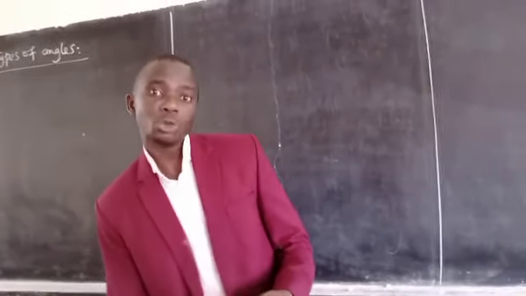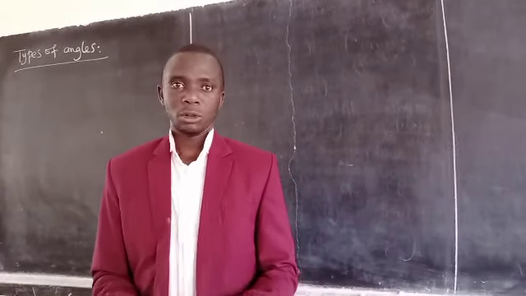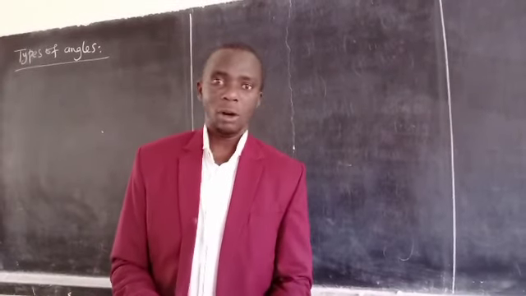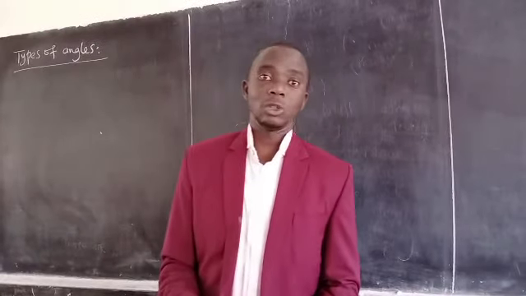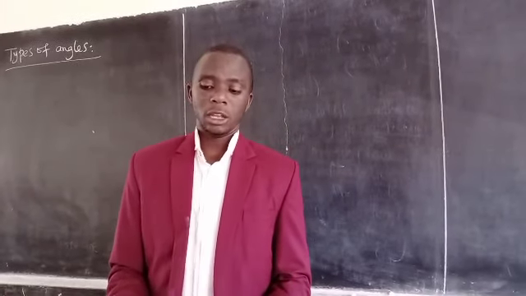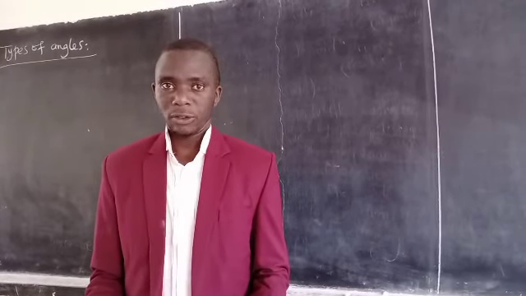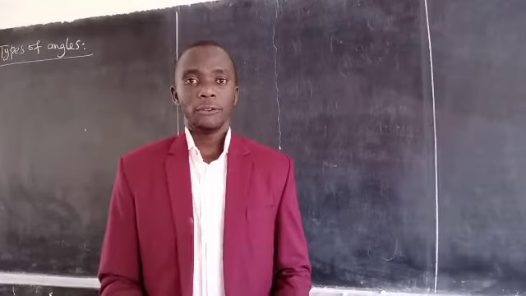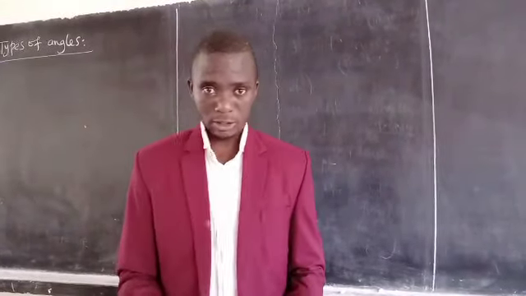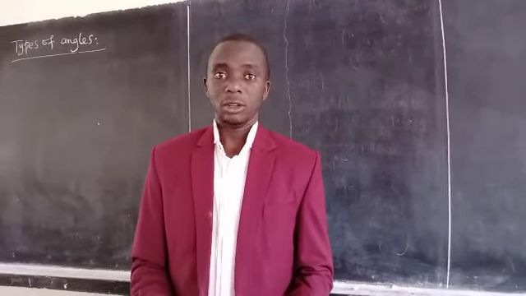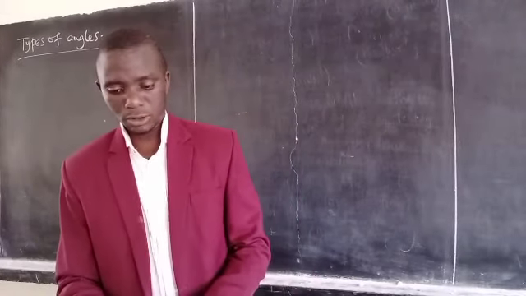So what are you required to know by the end of this lesson? If you are able to explain the different types of angles, identify them and the quadrants in which they lie, and derive some trigonometrical ratios for special angles of 30 degrees, 45 degrees, and 60 degrees, then we shall celebrate and congratulate ourselves.